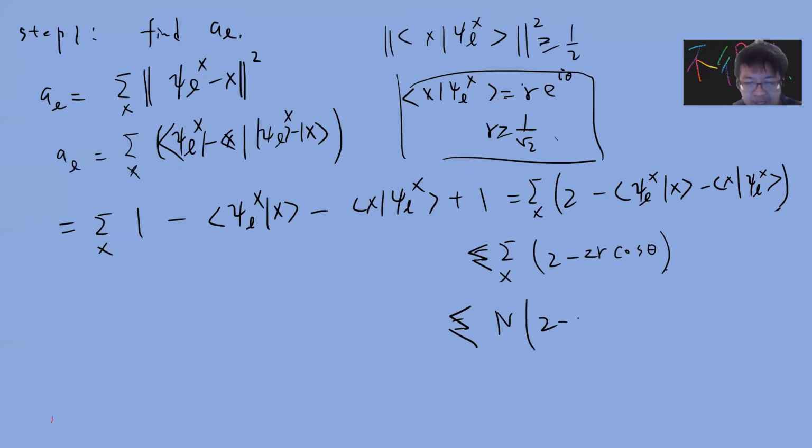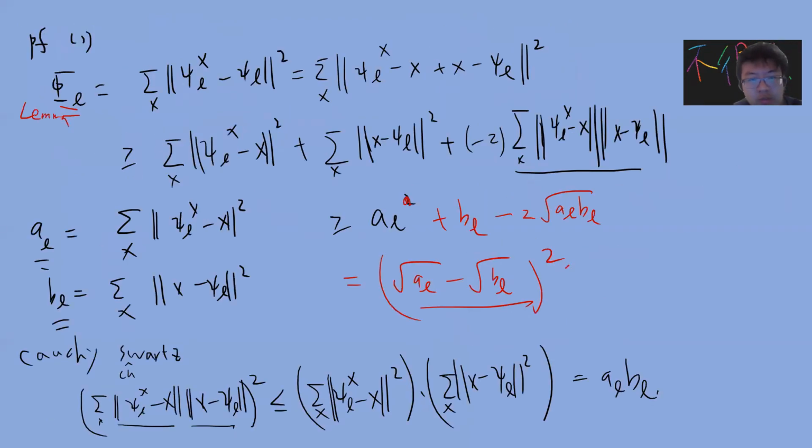So it should be 2 minus square root of 2 times n. Because x can be arbitrary, I shouldn't require theta. So I use 2 minus 2r. So this is our AL.